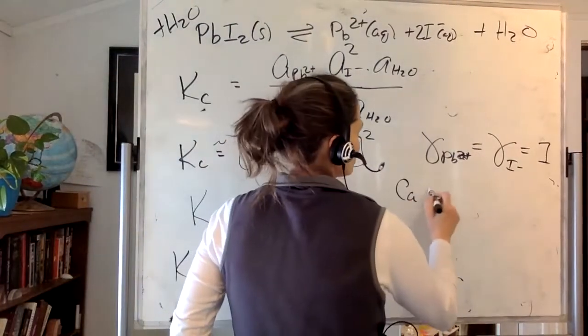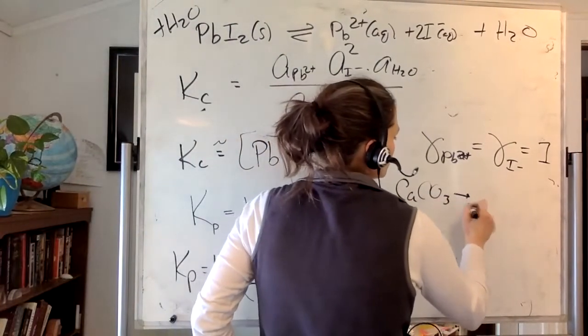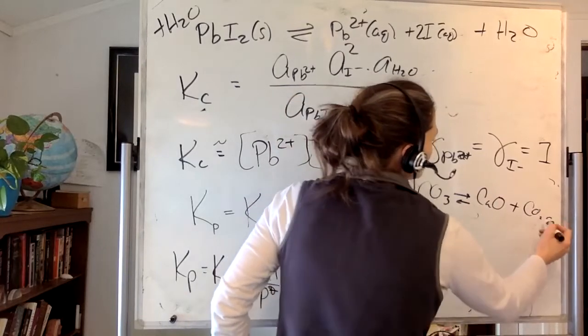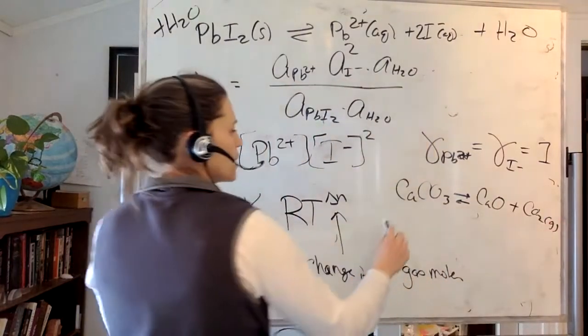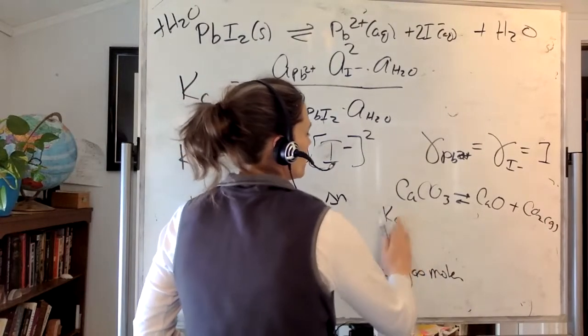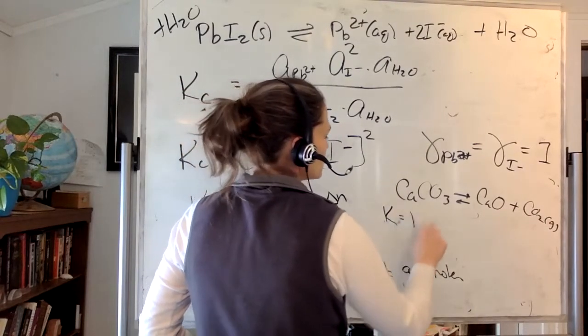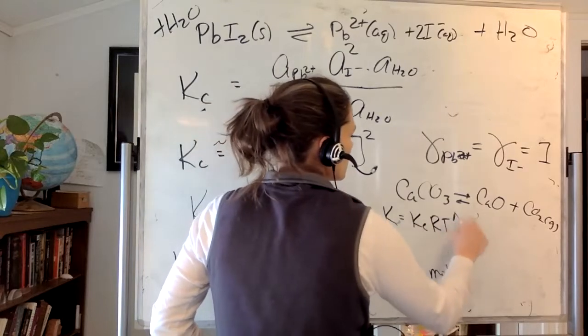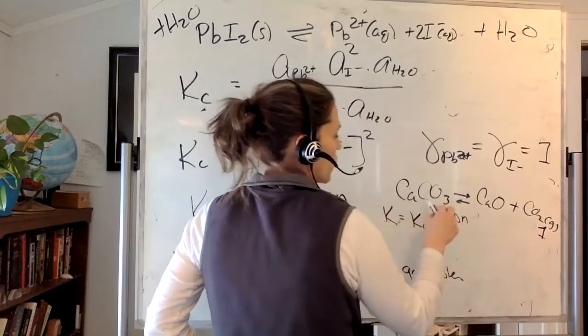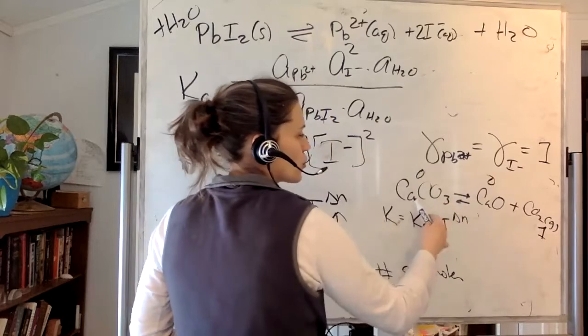So we had the calcium carbonate goes to, or is in equilibrium with, calcium oxide plus CO2 gas. So the relationship here would be the equilibrium constant K is equal to Kc times RT to the delta N. Well, here you have 1 mole of gas compared to 0 from your reactant side.